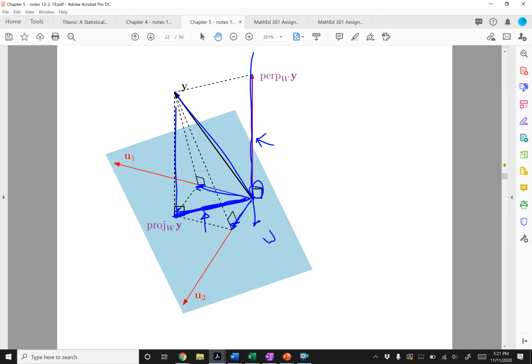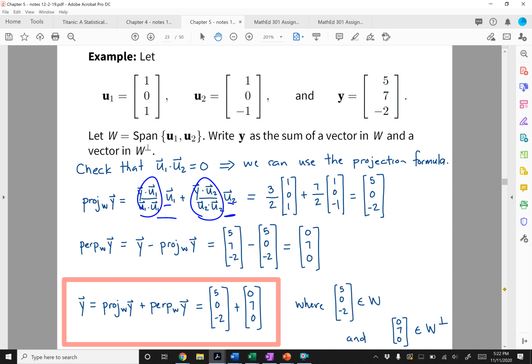It's part of the vector we need. It's the vector that we need that's in W. So that's where the adding comes up, because we're adding this piece and this piece, and we get that one. So now, how do we find that perpendicular piece? We just subtract it from y.